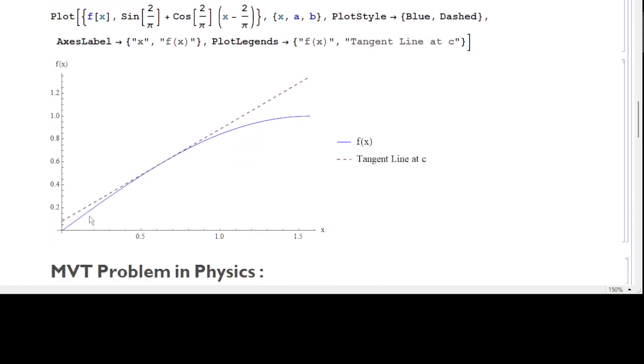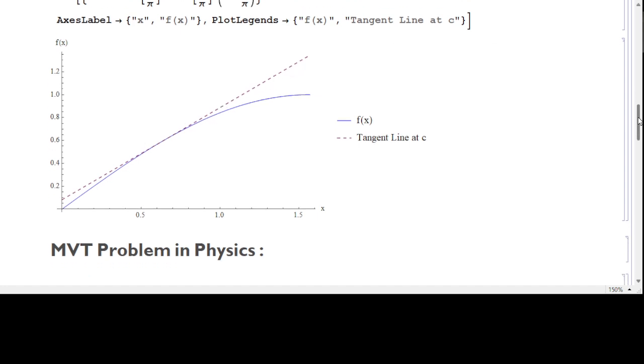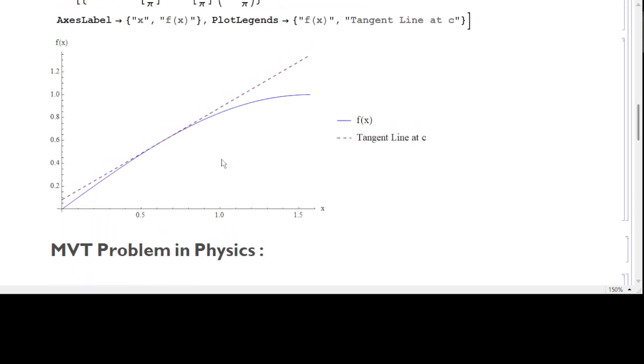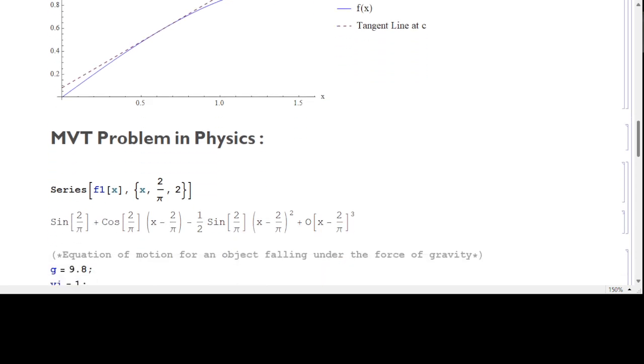So you can see that this solid line is the original function, and this dotted line is the tangent line, the line which passes through one point. So 2 by pi is the point where the instantaneous slope equals the average slope.